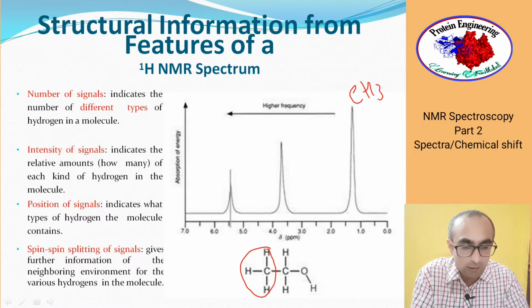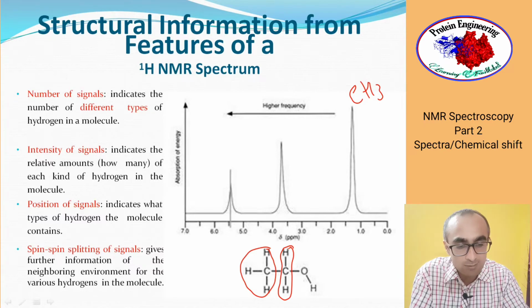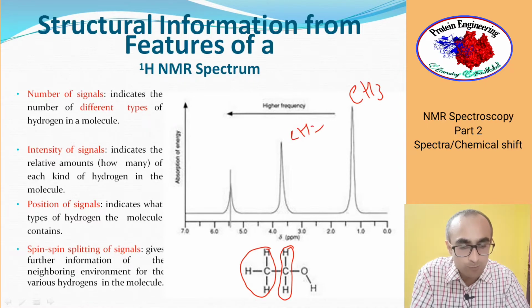Then another type of protons are in the CH2 group. These CH2 group protons are also at equivalent positions and they have identical environment. So you get one separate peak for these protons also. And the third type of proton is the one which is bound to the OH group. So you get one peak for this OH proton also.